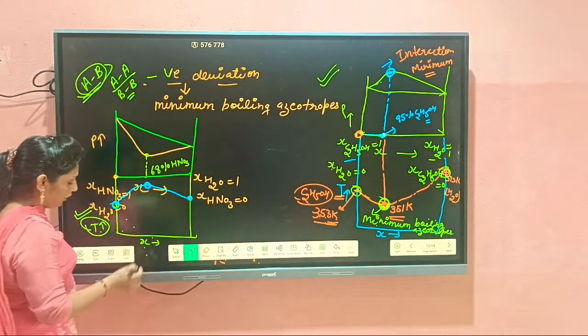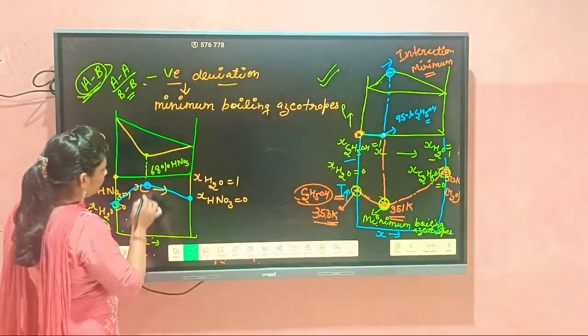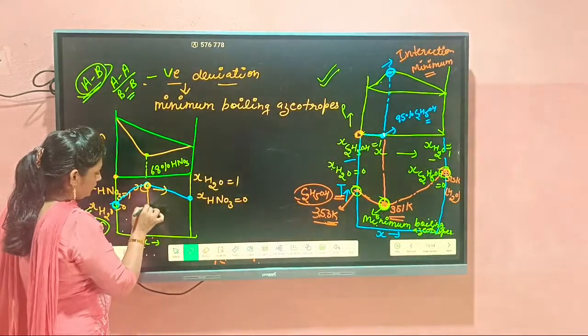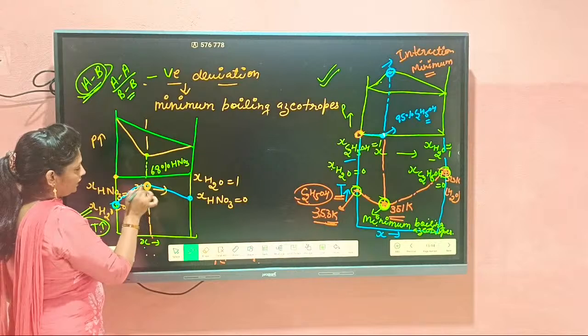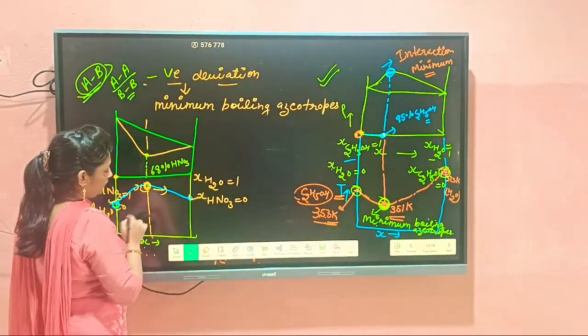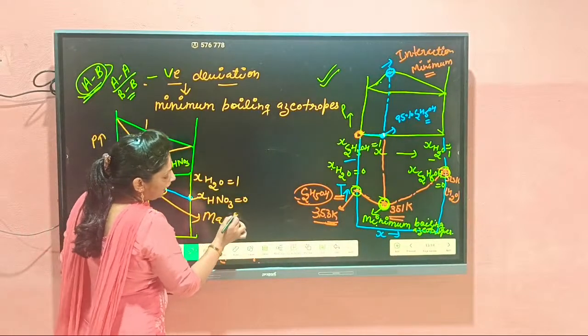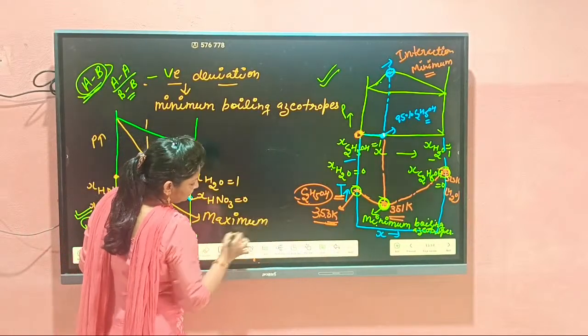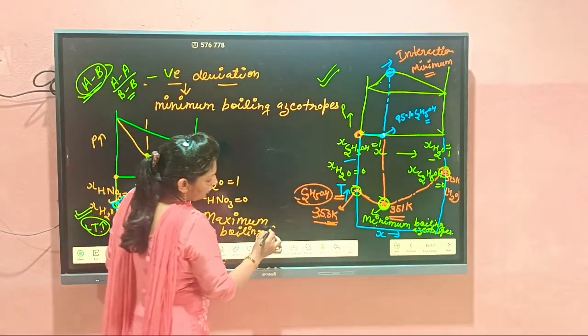Means this is the point where boiling point is the maximum. It is greater as compared to the boiling point of these two components. So they are known as the maximum boiling azeotropes. Okay, students.